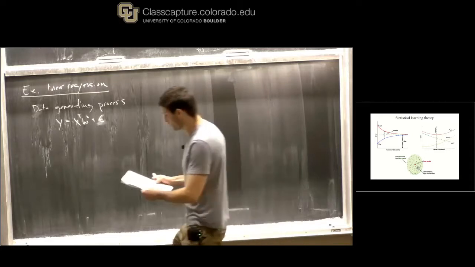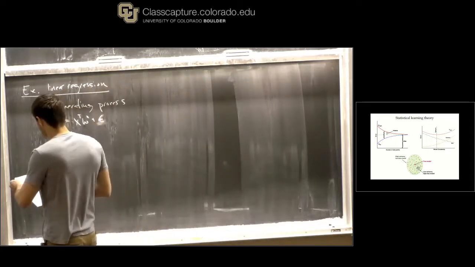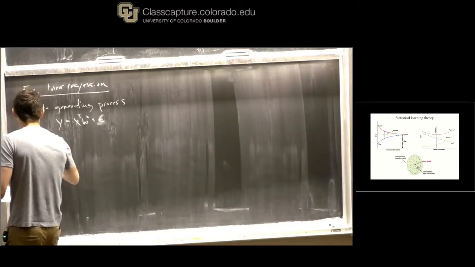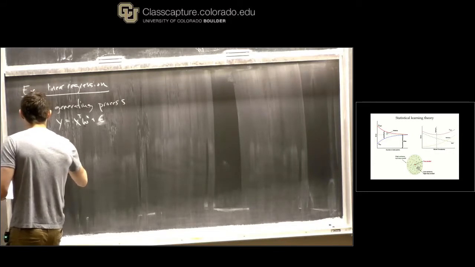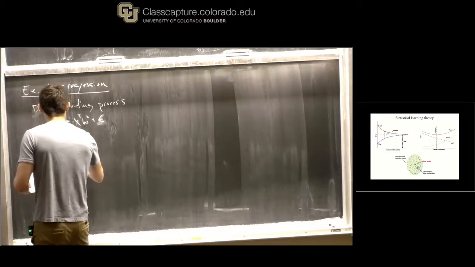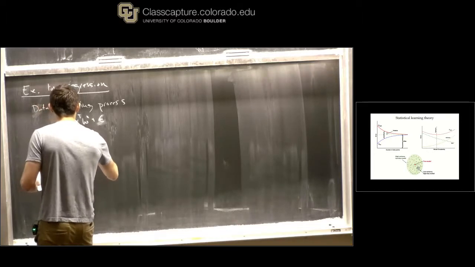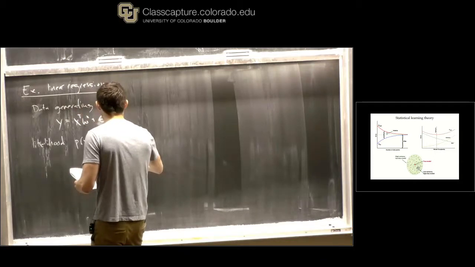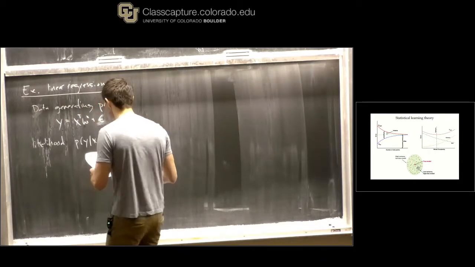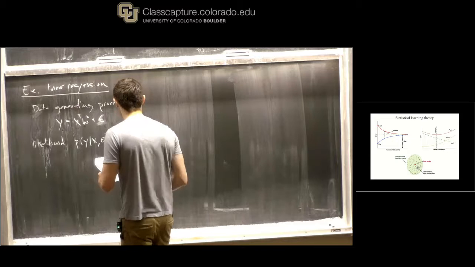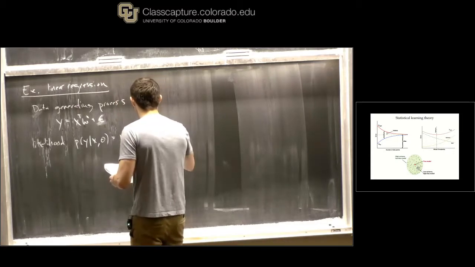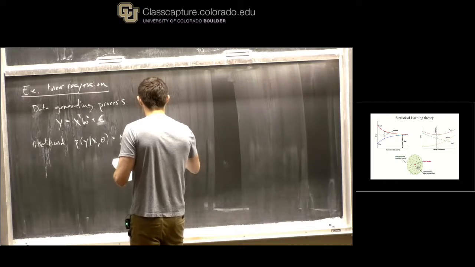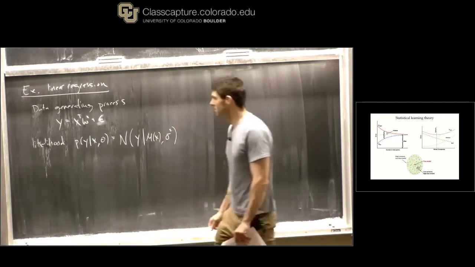Okay? What we're going to do is have a likelihood function p of y given x and some model parameters theta that is a normal distribution for the output y, given a mean value of mu of x and a variance sigma squared, which we'll assume to be constant.